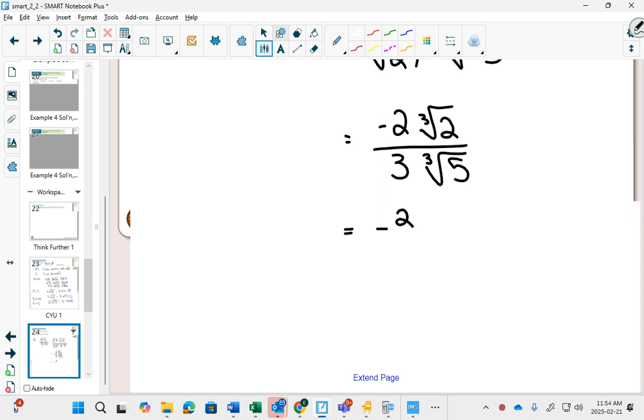The numbers in front I can write as a fraction, as negative 2/3. The cube root divided by the cube root I can write as one big cube root of 2/5. And now because I have a number out in front and a radical, I have a mixed radical, and my answer is finished.